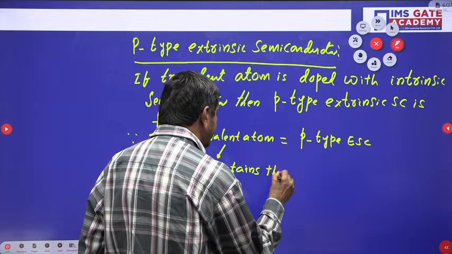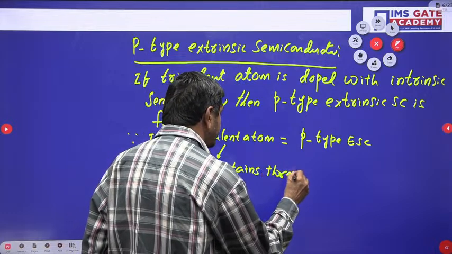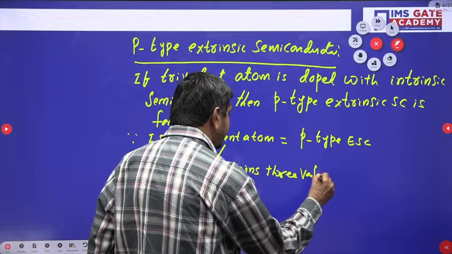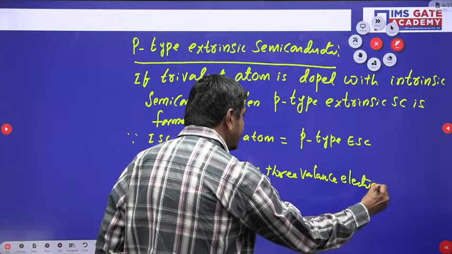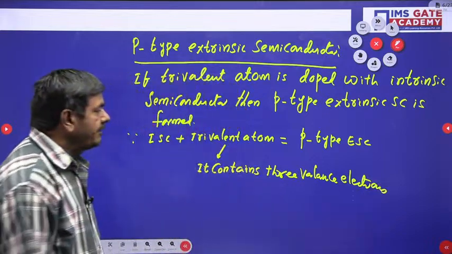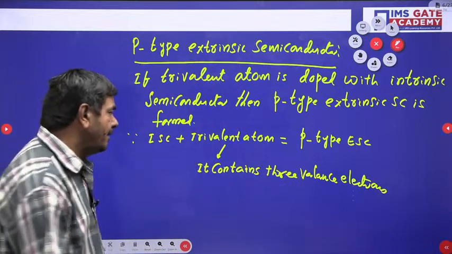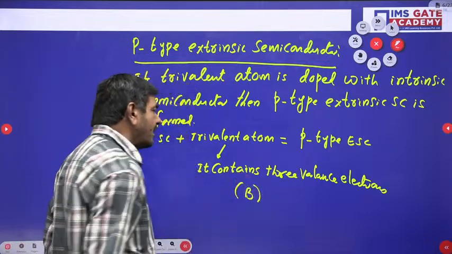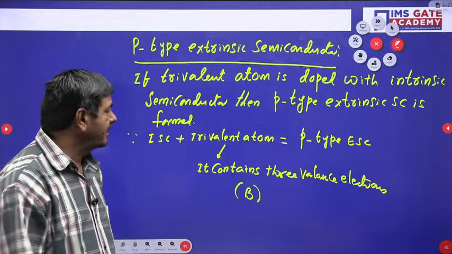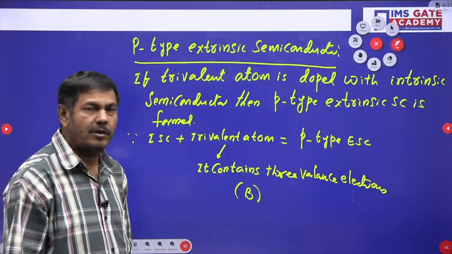As an example, I will take boron. Boron, gallium, indium, all these come under trivalent atoms. One example, boron, is enough.